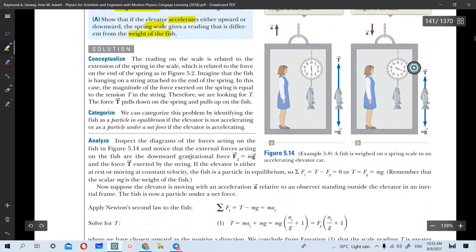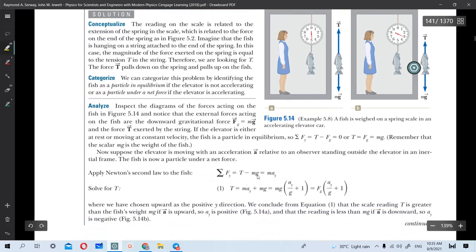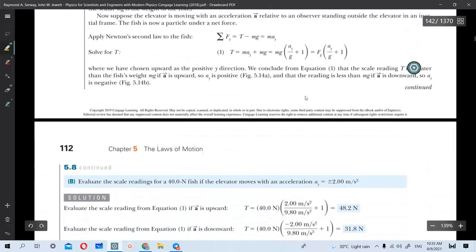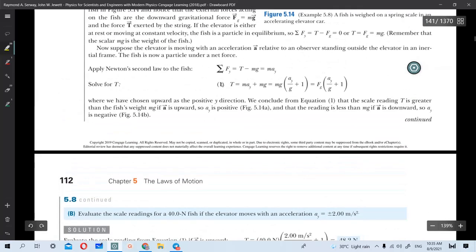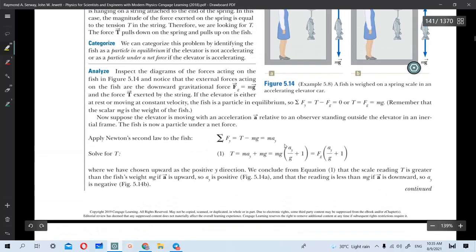Now, the A question is meant to get the expression. We want to get the equation. B, however, gives you numbers. So later, after we are done with this, we are going to substitute into the expression here.